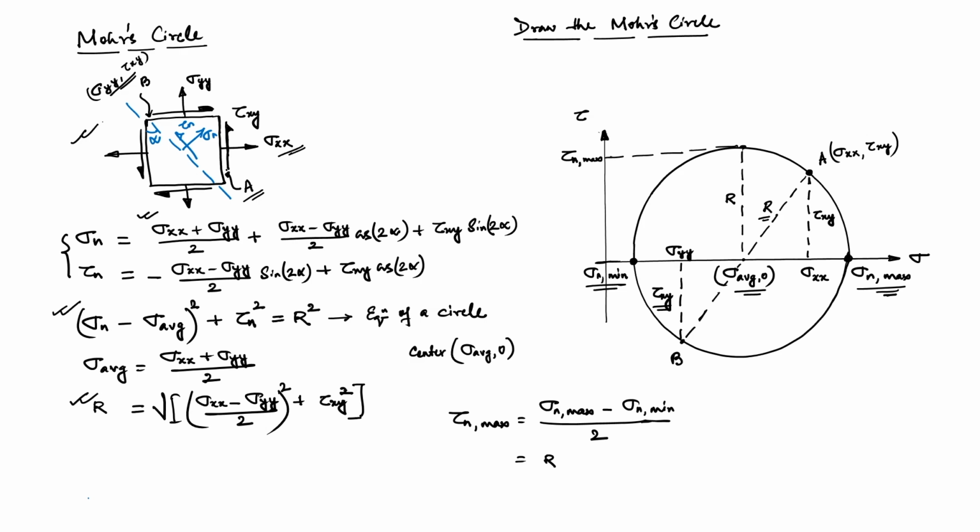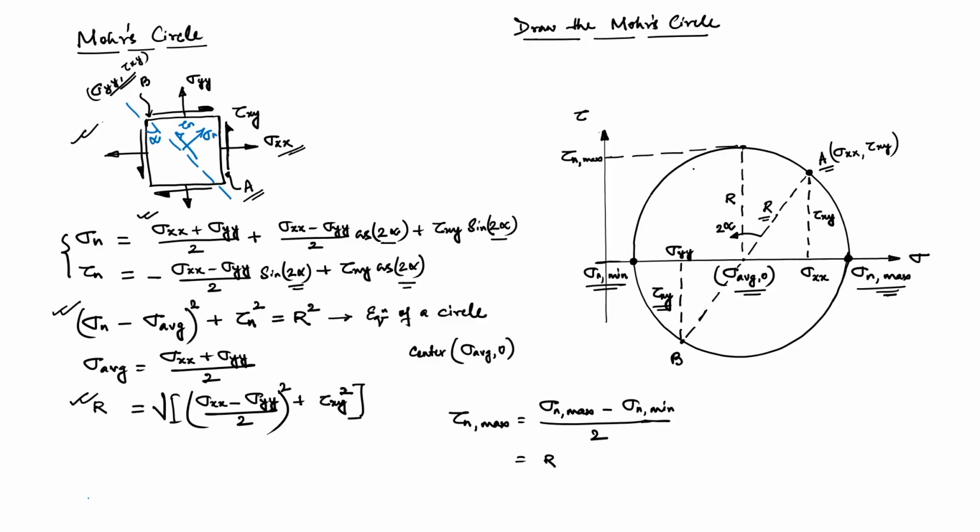The plane which is at an angle alpha in its original configuration will be at an angle of 2 alpha in the Mohr circle. So, you can see here it is 2 alpha always, right. So, we can start from this point A, and if our plane makes an angle alpha in the counterclockwise direction, we will go along that direction twice of alpha, and then we can identify the orientation of that particular plane.